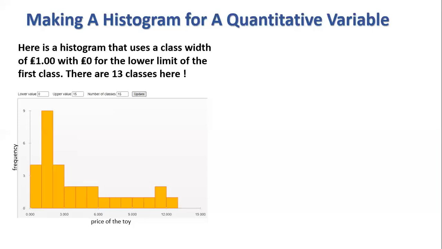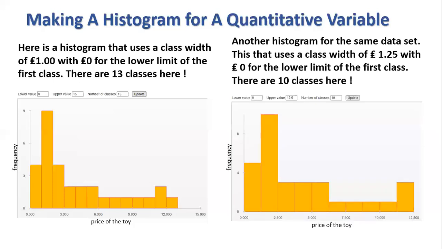Suppose, for example, that instead of using a class width of 1 pound, we decided to use a class width of 1 pound and 25 pence. If we did this, then our first class wouldn't go from 0 up to, but not including, 1. It would go from 0 pounds up to, but not including, 1 pound 25 pence.